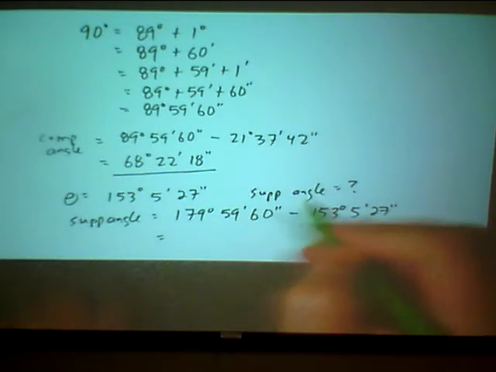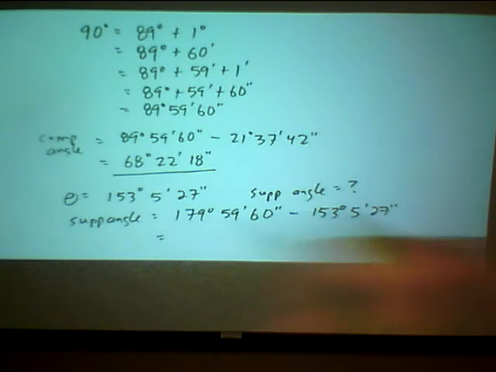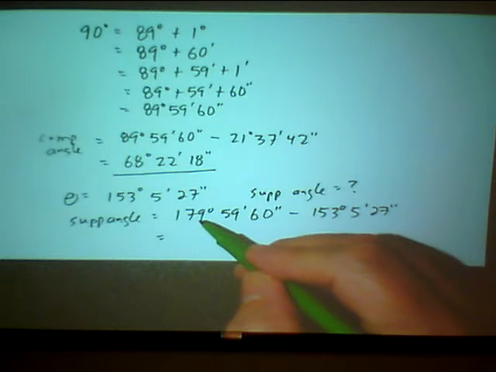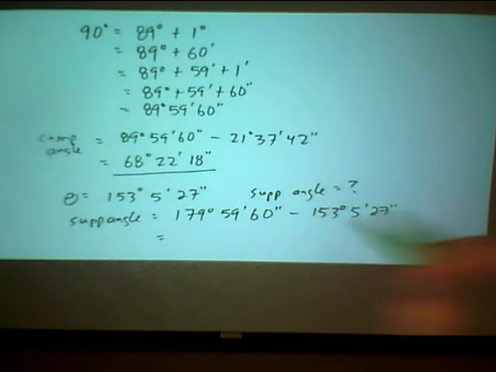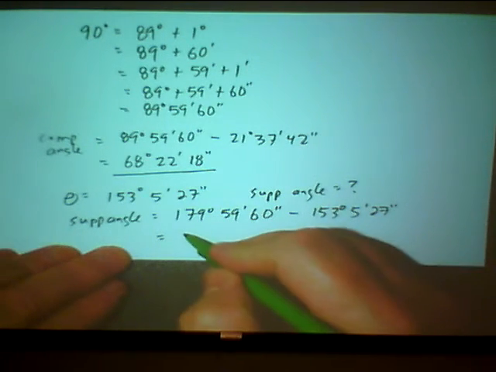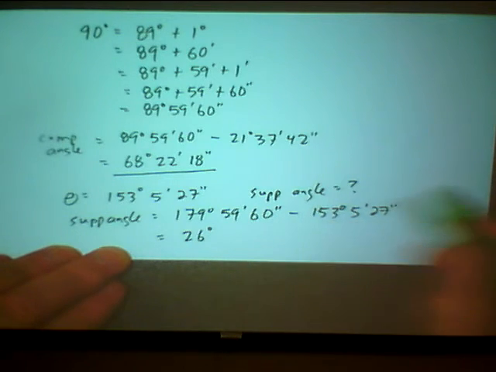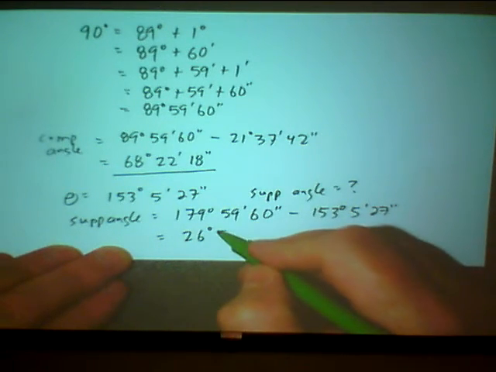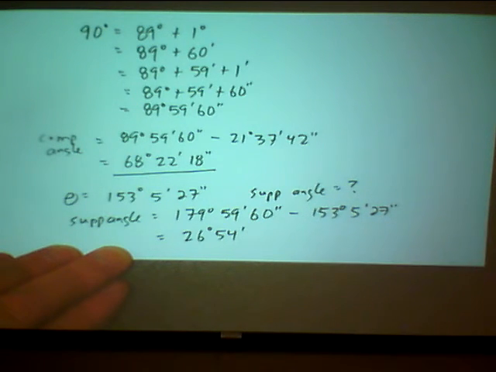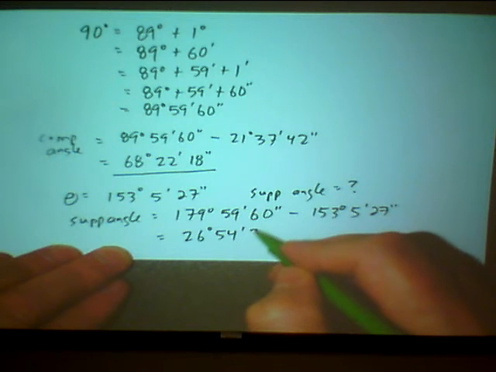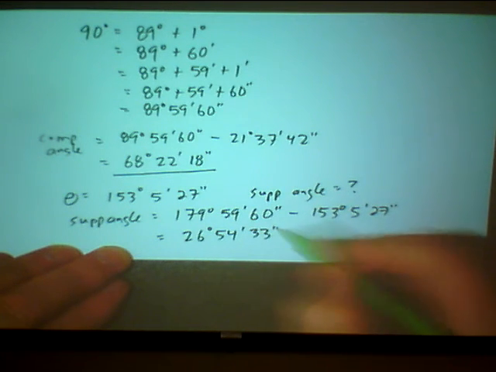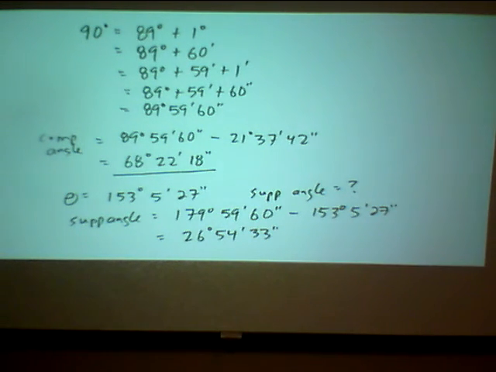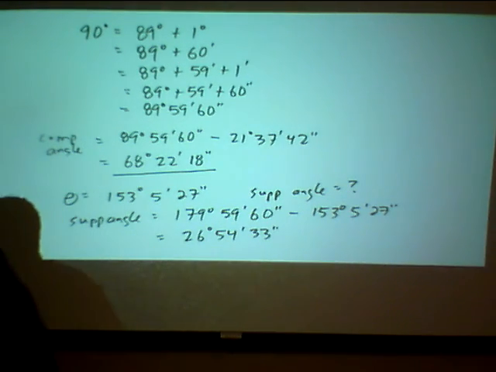Now, I can simply do units one at a time. 179 degrees minus 153 degrees is 26 degrees. 59 minutes minus 5 minutes is 54 minutes. 60 seconds minus 27 seconds is 33 seconds. All right, so it's not too difficult once you see that little trick.